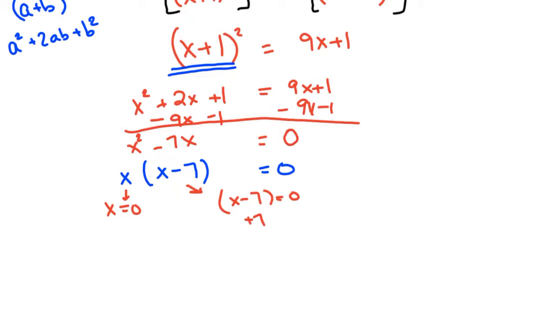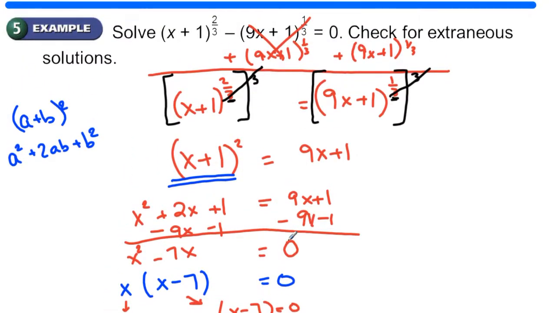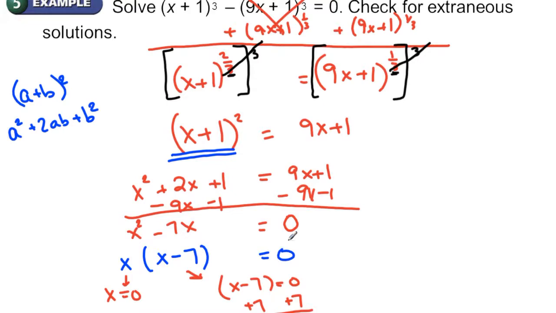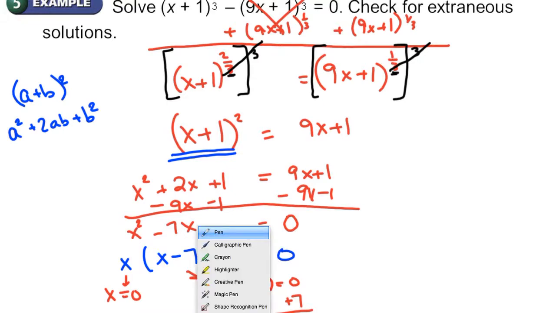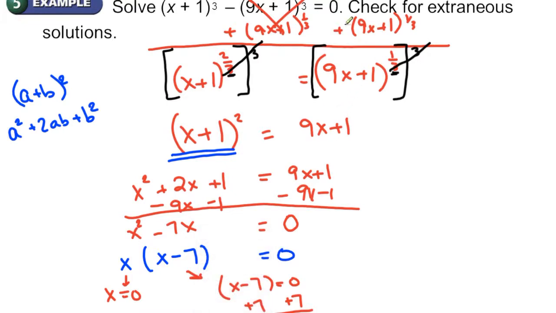So we add 7. And either x equals 0 or x equals 7. Now, of course, we do need to check these because we could possibly have an extraneous solution, especially as stated up here in the original directions. Check for extraneous solutions.